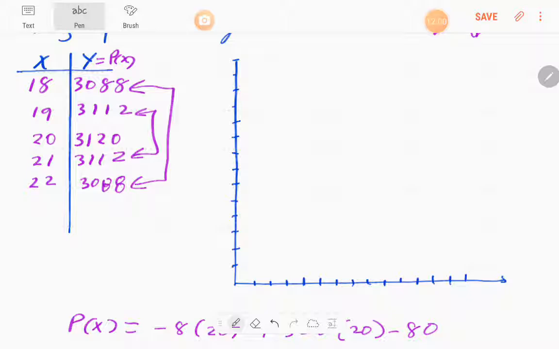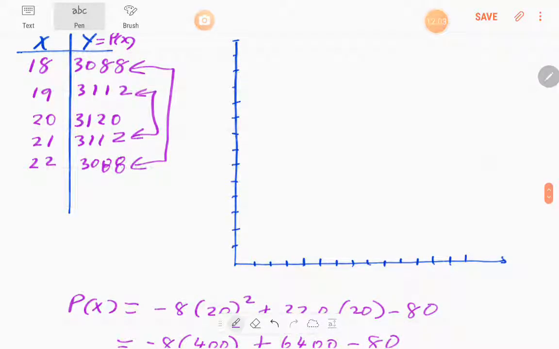Okay, so let's go ahead and graph. I think I will break off and start at, say, 10, 11, 12, 13, 14, 15, 16, 17, 18, 19, 20, 21, 22.